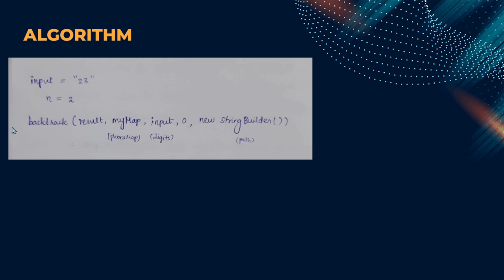Then the backtrack function is called by sending a result, which is going to be the list of strings, and a mymap, which is the map containing the key-value pairs that we saw earlier. Input is going to be these digits, and 0 is the index from which we need to start processing this input. A new StringBuilder is called path here.